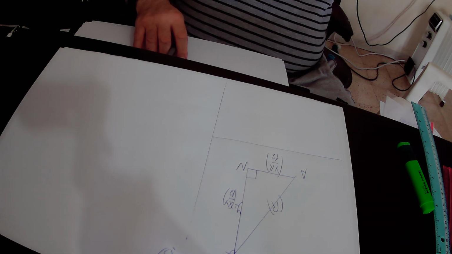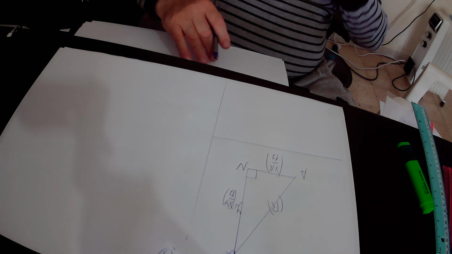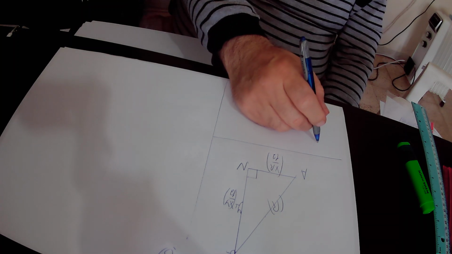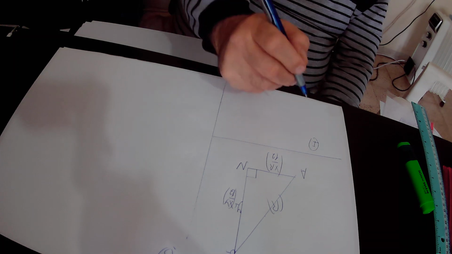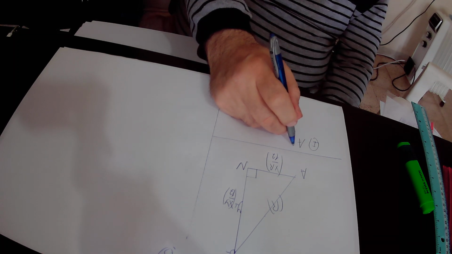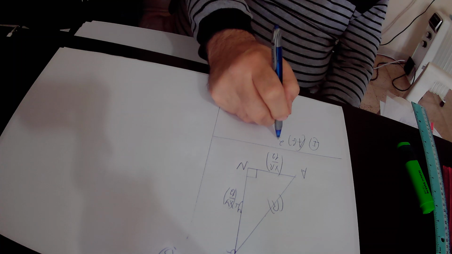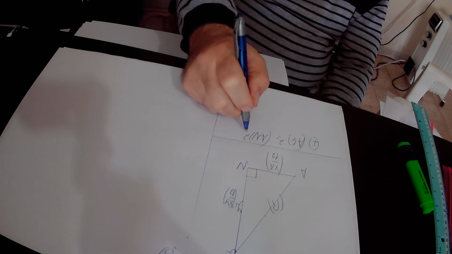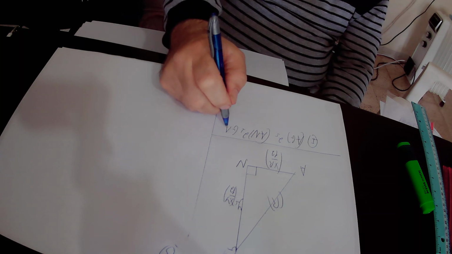This right triangle AGN, according to the Pythagoras theorem, we get that AG squared equals AN squared plus GN squared.